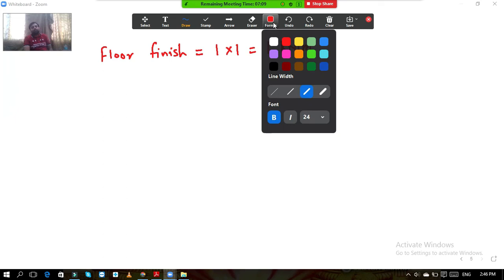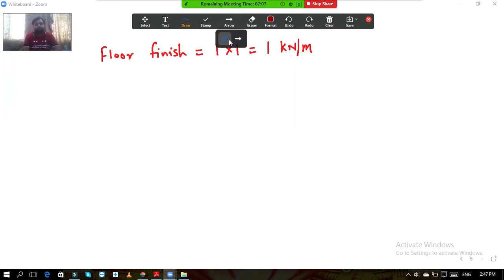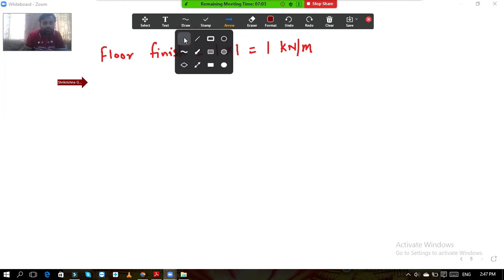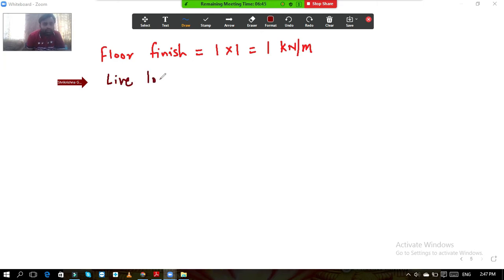So after the floor finish, we will go to the live load. After the dead load, next thing is the live load. What is live load now?